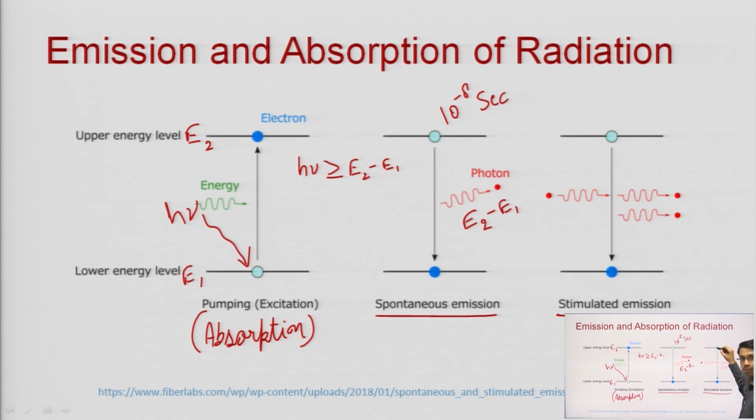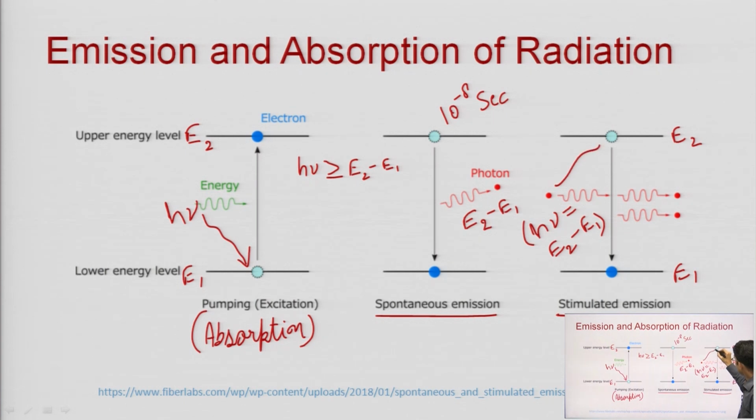While this electron is in the excited state and before it jumps to the ground state, if a photon of energy h nu, and this h nu must be equal to E2 minus E1, this is E2, this is E1, strikes on this electron. Okay.